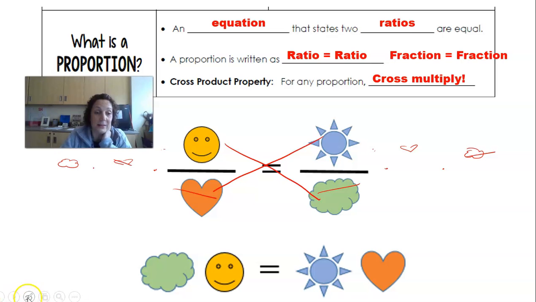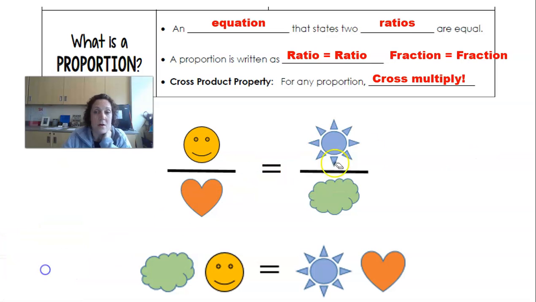Now, again, let me be clear. If there's anything at all other than two fractions, you can't use cross multiplication, right? So if your equation looks like this, you can't use cross multiplication. Sorry. In other words, you can't just do this crisscross and then put a +1 over here.